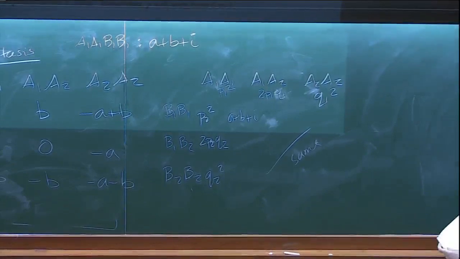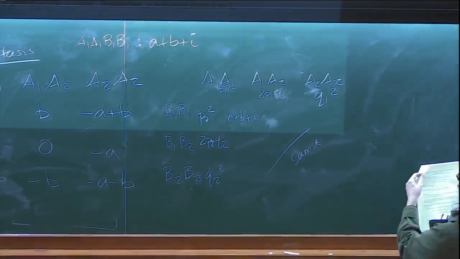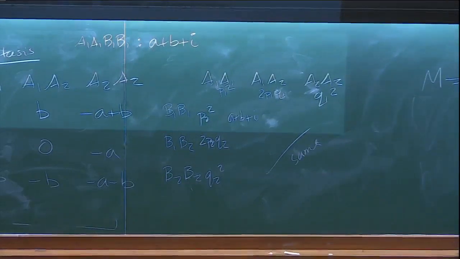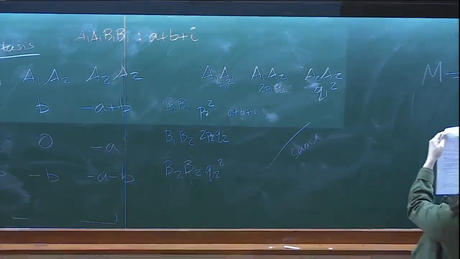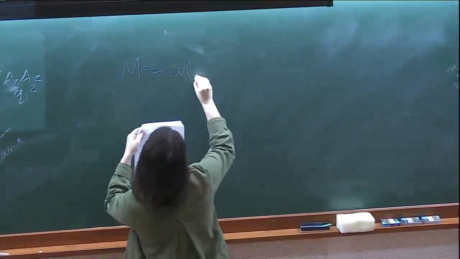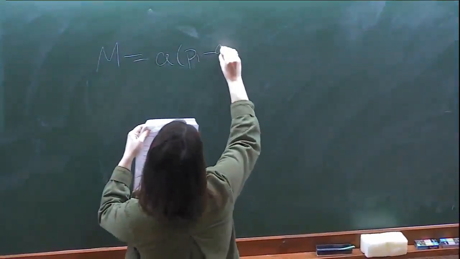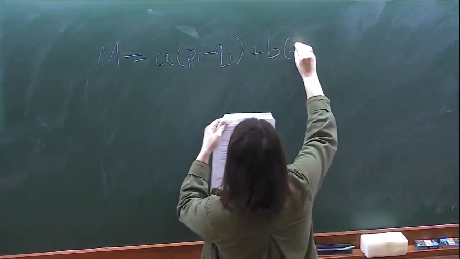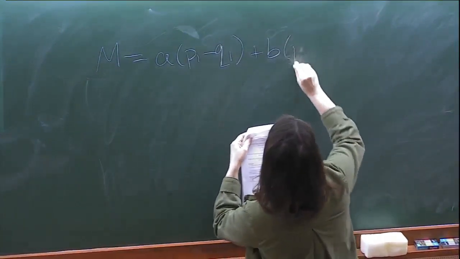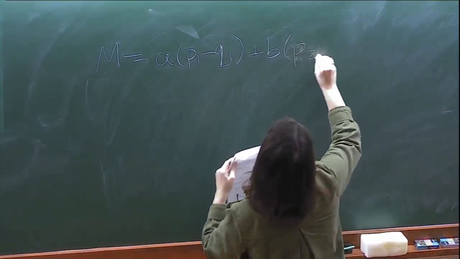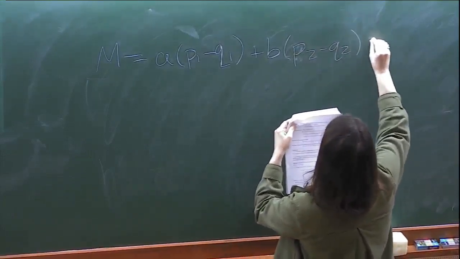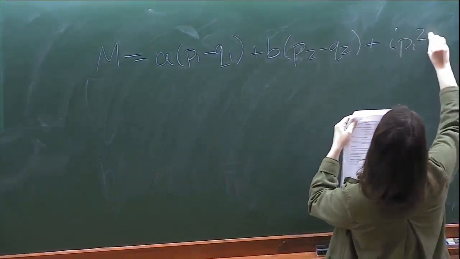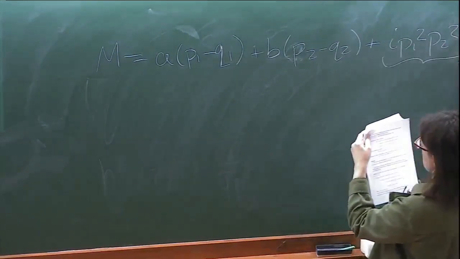And we would find that the mean phenotype, after lots of annoying algebra, is this: p2 minus q2 plus i p1 squared p2 squared. And this is this interaction term.